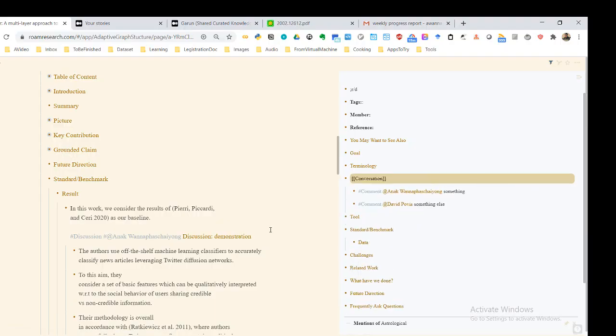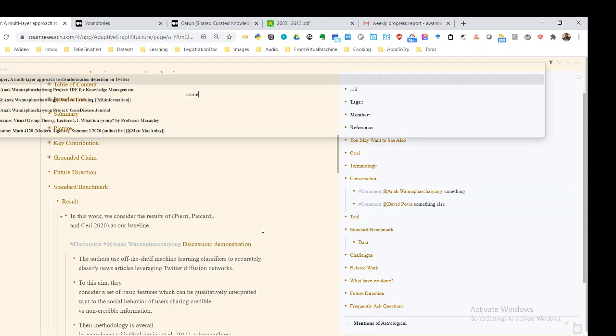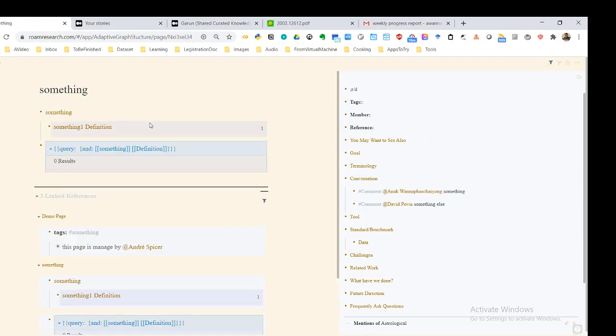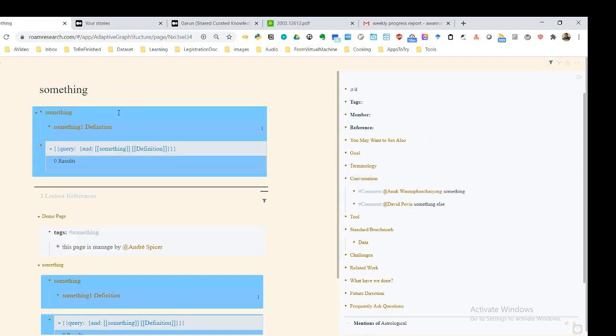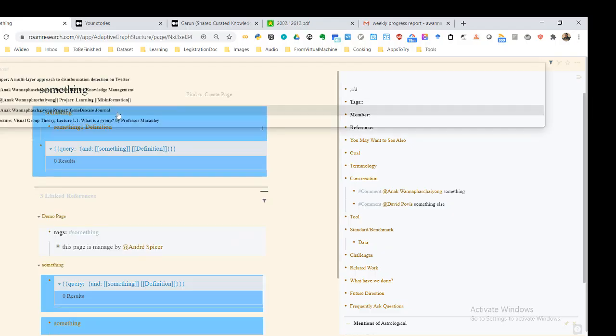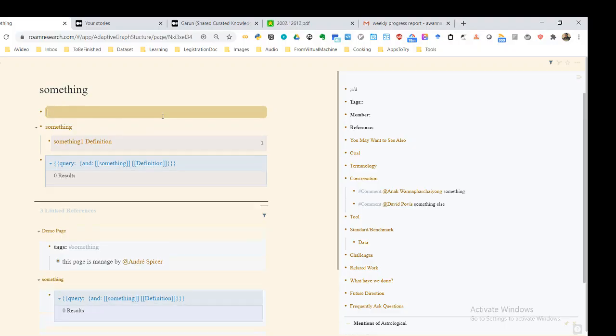And right now, if you're in a certain page, and this is for a demonstration of something else, then I want to just refer to one discussion that we have.